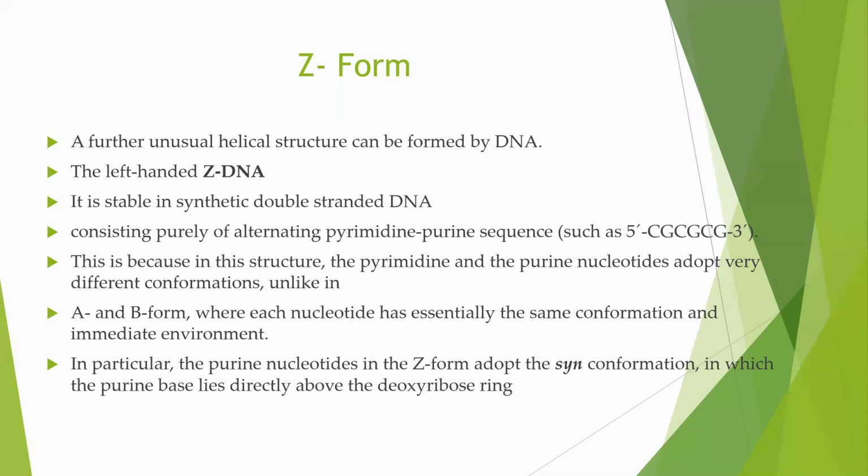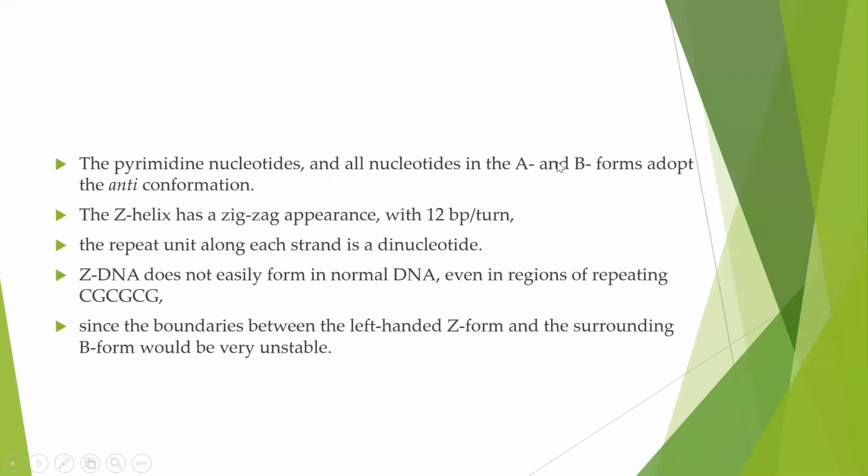If you take the other forms, the stable bDNA or the alternative aDNA conformation, here all the nucleotides, purine and pyrimidine, take anti-conformation. That is why this Z helix has a zigzag appearance.